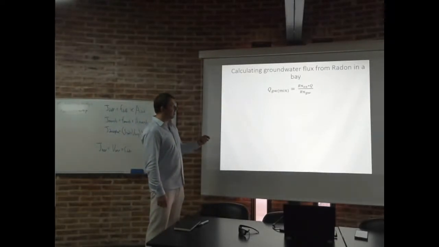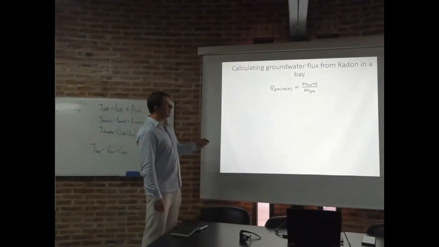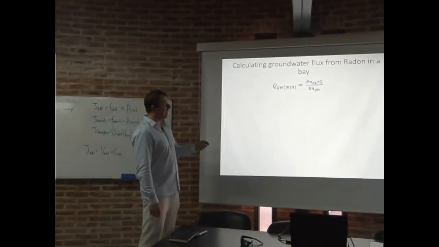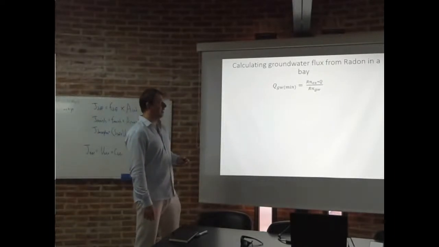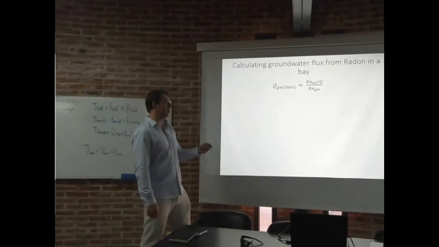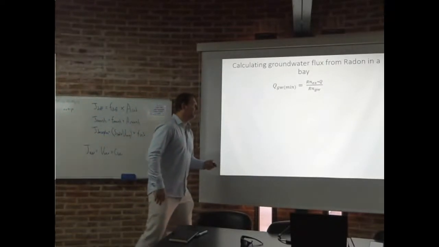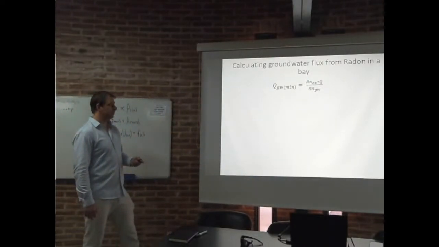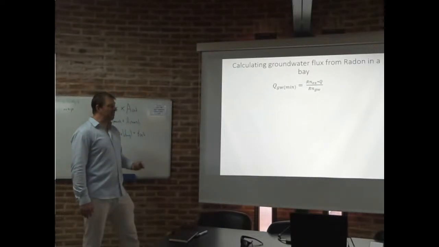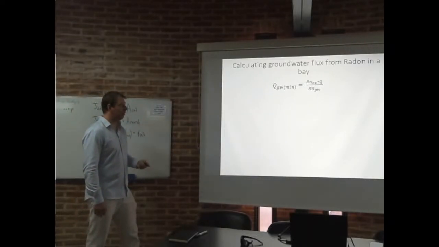So this is the minimum groundwater: the radon excess times what's leaving through the inlet over the radon in the groundwater. This is essentially like your tidal prism from the first radium discussion. That's your minimum groundwater.